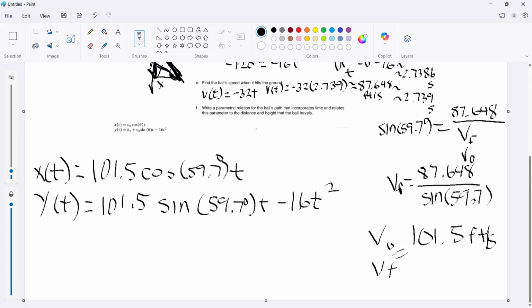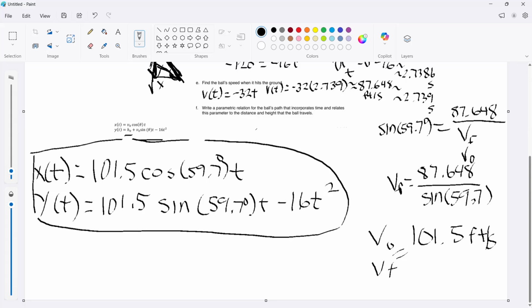That accounts for the acceleration due to gravity. And what's h0? h0 is just 0. It starts at 0, so it would be plus 0, but I don't have to write that part. So there are my parametric equations, and everything is finished.